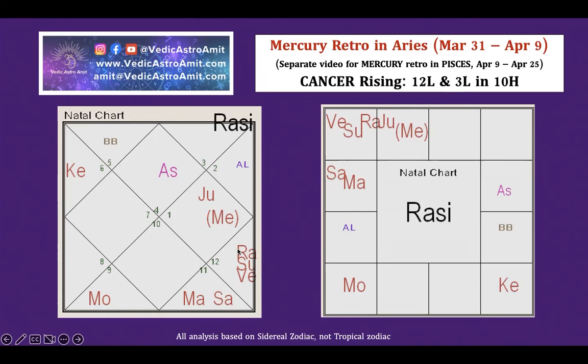So all these three planets, plus you can bring Mercury back because it's retrograde, okay? So your ninth house is totally activated. Your luck will shine upon you. For Cancer, this is amazing time when you'll see big positive energies flowing your way. Luck will shine upon you.